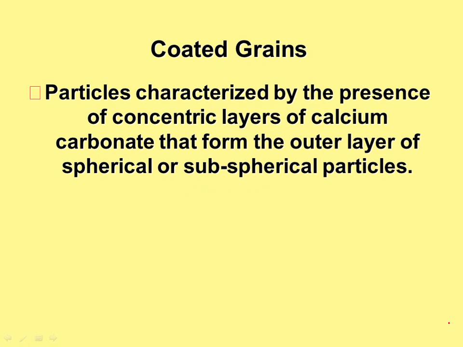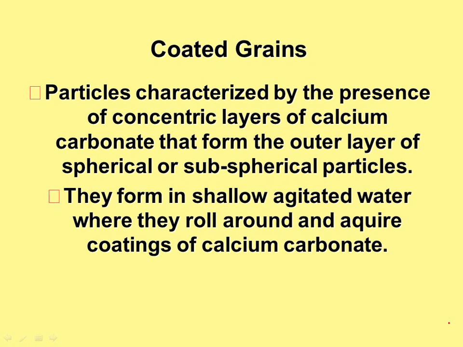And so these concentric layers form the outer parts of what are often spherical or subspherical particles in terms of their overall geometry. They form in shallow agitated water, those conditions that we talked about earlier, and they roll around.